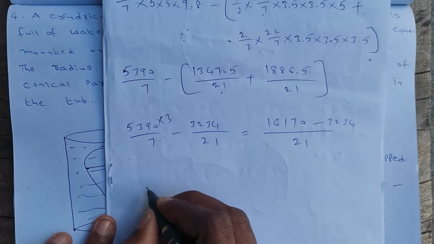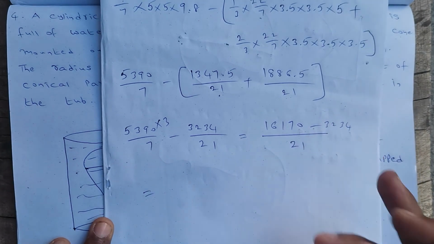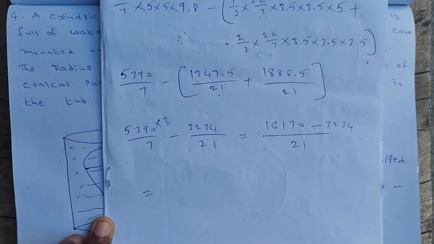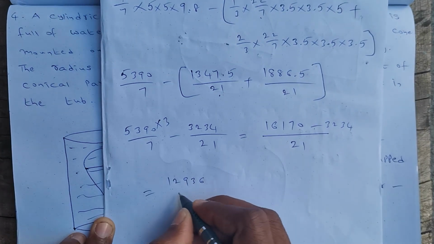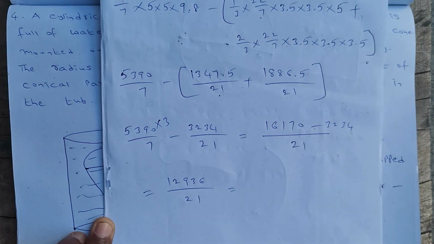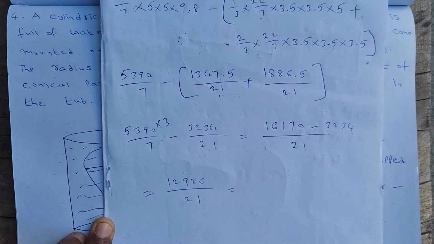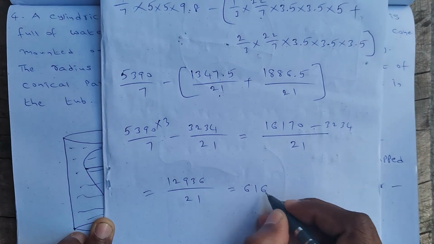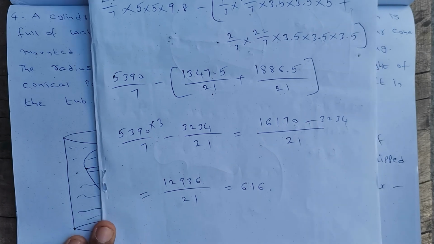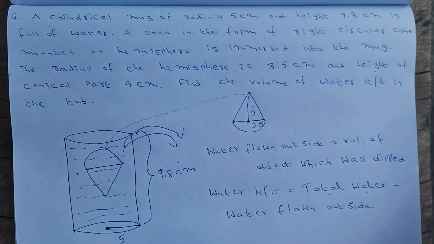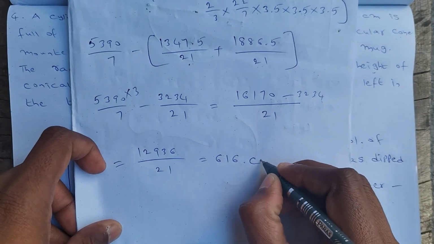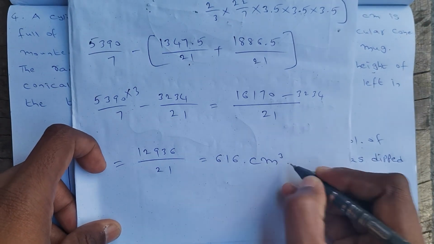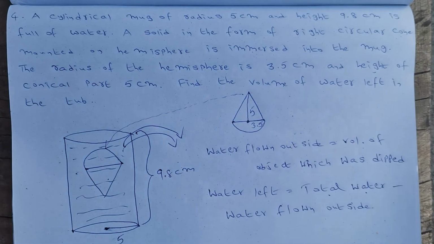So 16,170 minus 3234 is 12,936, divided by 21 is 616. We are finding the volume of the water left, and all the measurements are in centimeters, so this will be 616 centimeter cube.